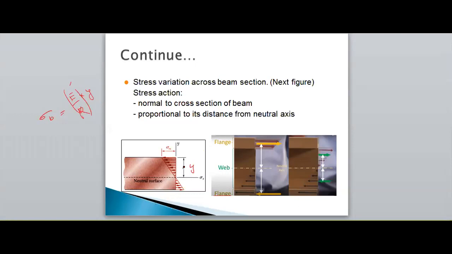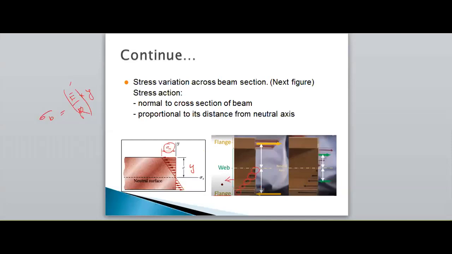So if I increase the Y, the stresses will increase from the neutral surface. I can see here it is initially low and increasing and increasing on the compression side.